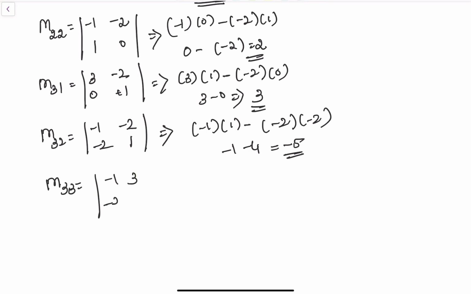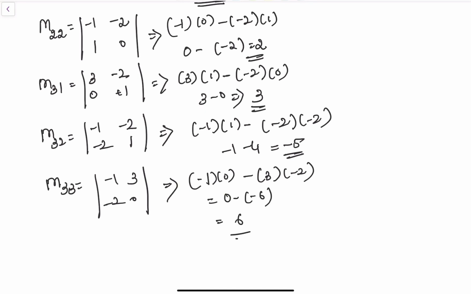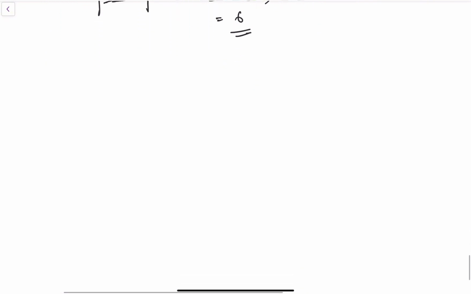So minus 1, 2, 3, 0, that will be nothing but minus 1 into 0 minus 2 into 3. So the value will be 0 minus 6, so you'll get minus 6. Now the minors of the elements will be written in the matrix M like this.